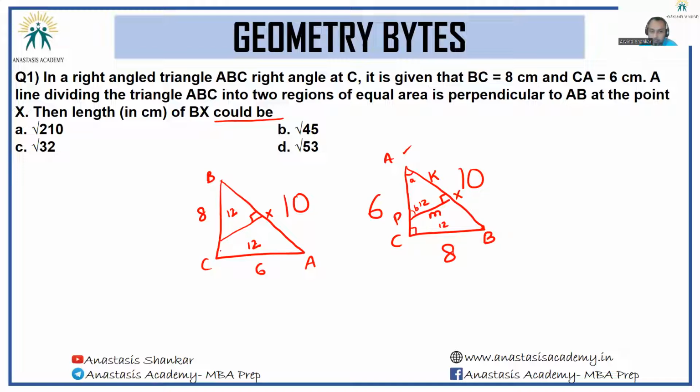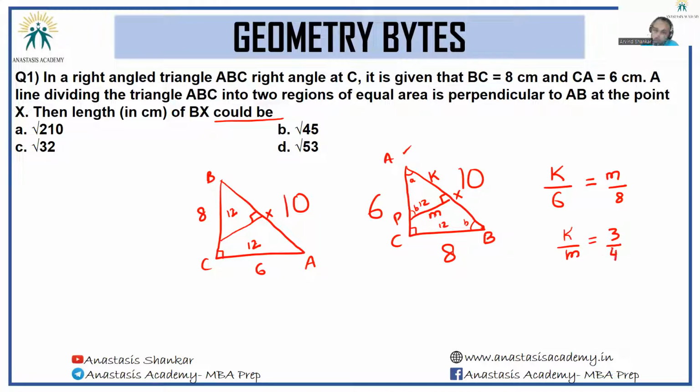They are similar triangles because angle A is common and 90 degree, 90 degree. So opposite B, I have K. Opposite B, I have 6. Opposite A, I have M. And opposite A, I have 8. Which means K by M is equal to 3 by 4.